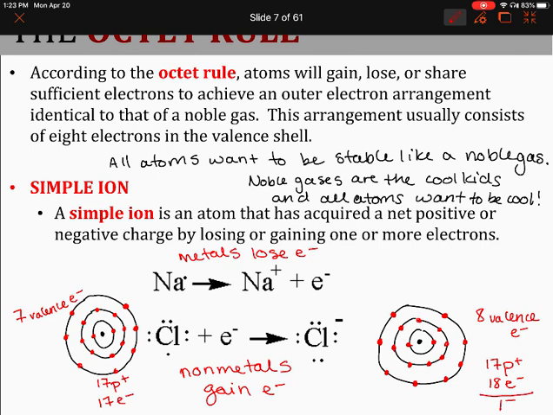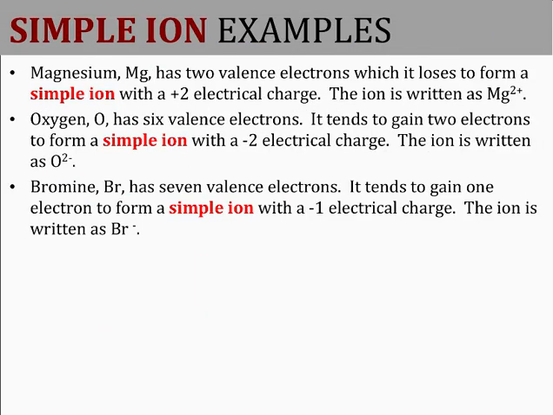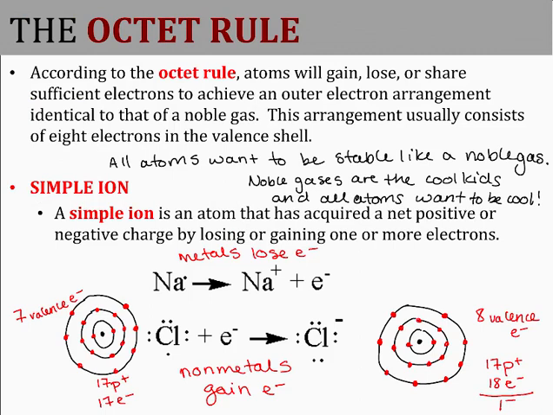So chlorine, again, would prefer to gain 1 electron rather than lose 7 electrons to become like a noble gas. Okay, so now the way we represent this is with the equation shown below.